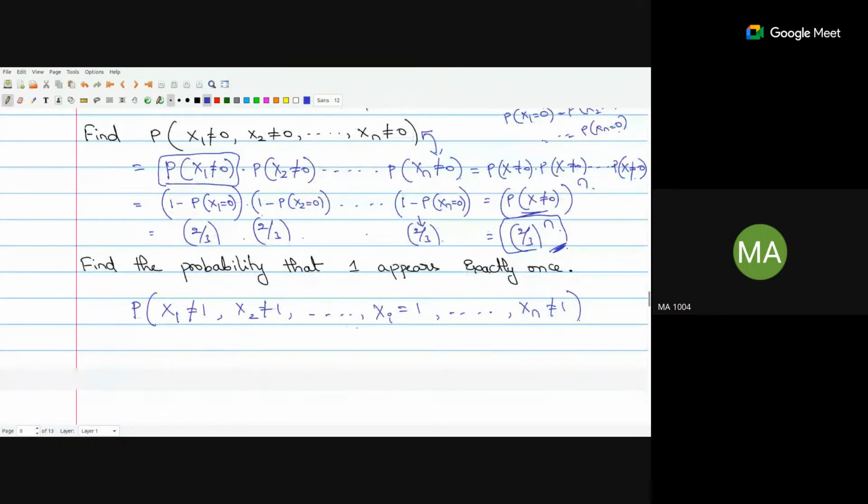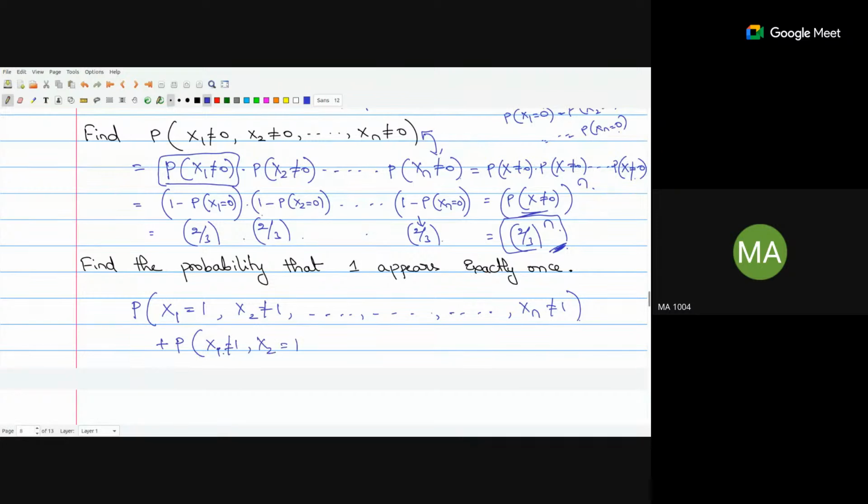This Xi can be from 1 to n. You can start from X1 itself: X1 equals 1 and the rest are not equal to 1, plus other cases, since it's not only X1 taking 1.